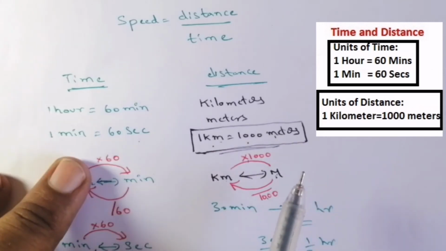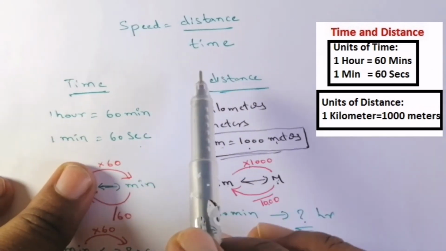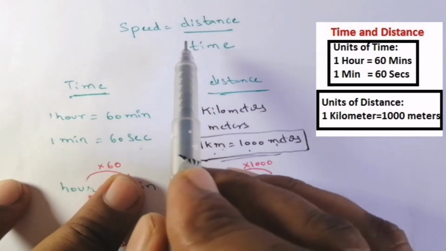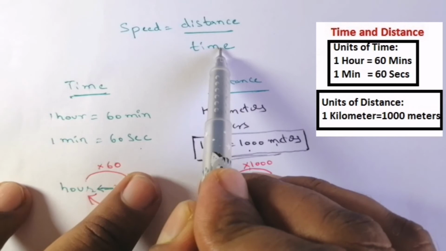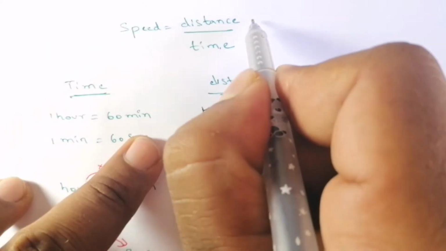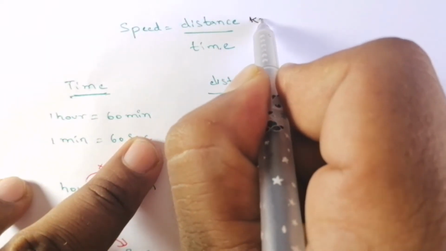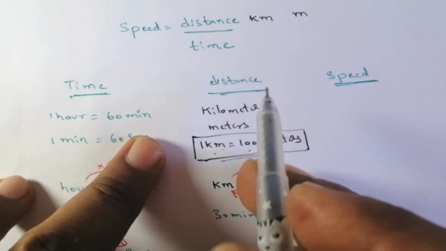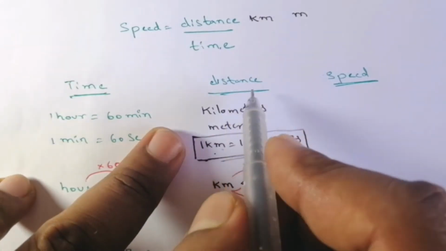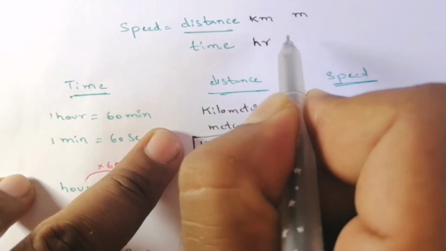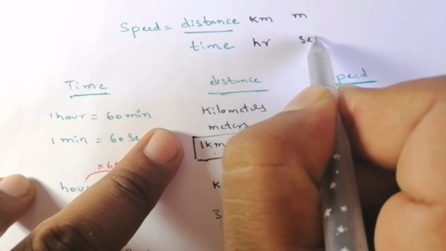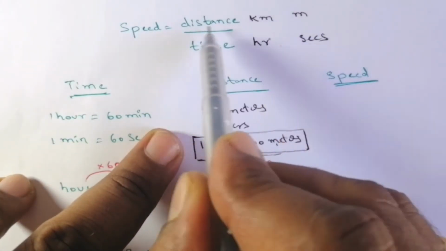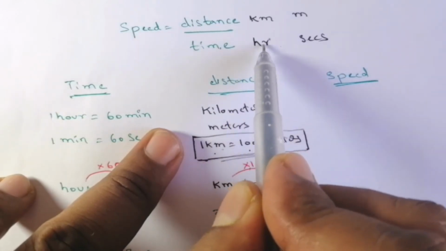Next, let us discuss speed. What are the units of speed? Speed equals distance by time. The units of distance can be kilometers or meters, and the time can be hours, minutes or seconds. Minutes are not taken in speed; we take hours or seconds.